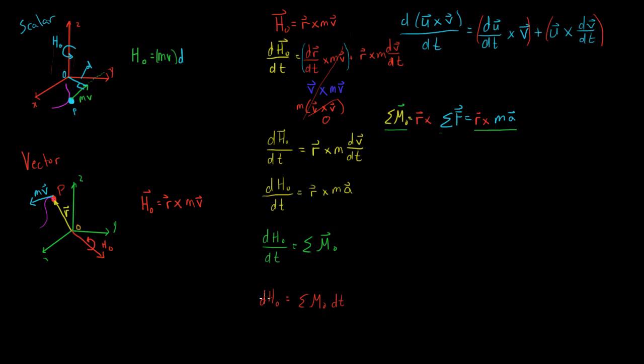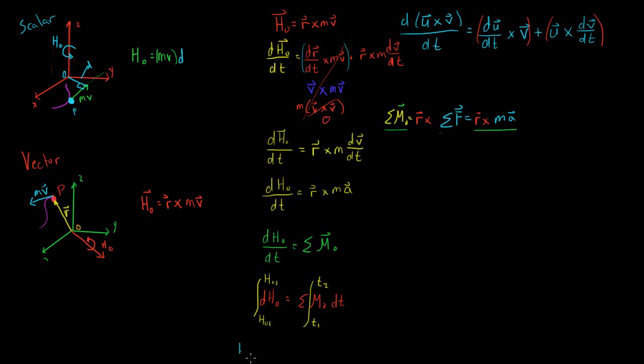And we want to integrate both sides of this equation. Now when we do this, we're going to integrate this from a time t2 to a time t1, and we're going to integrate this angular momentum from a final angular momentum to an initial angular momentum.